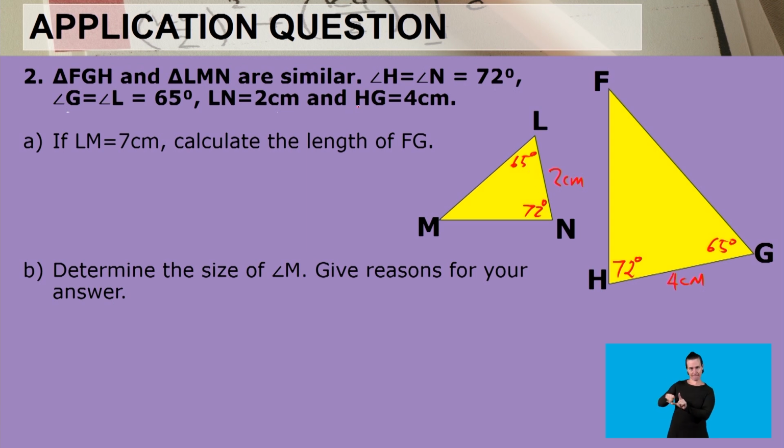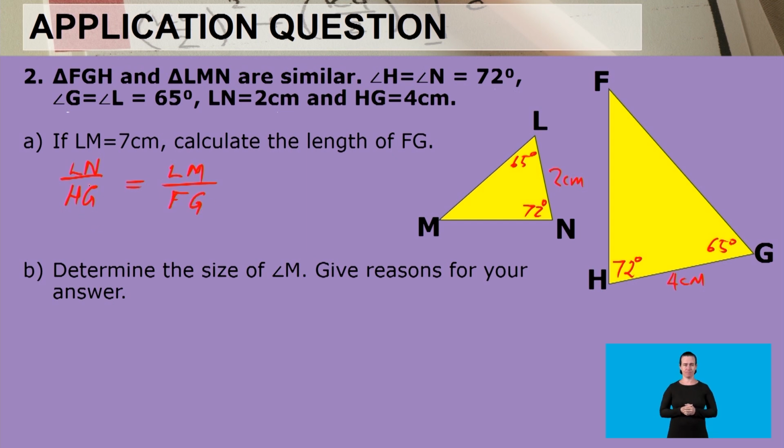These two triangles are similar, and therefore the sides are proportional. Let's first find the first part of the proportion, which is what we are given, LN divided by HG, and it must be equal to what they want us to find, which is LM divided by FG.